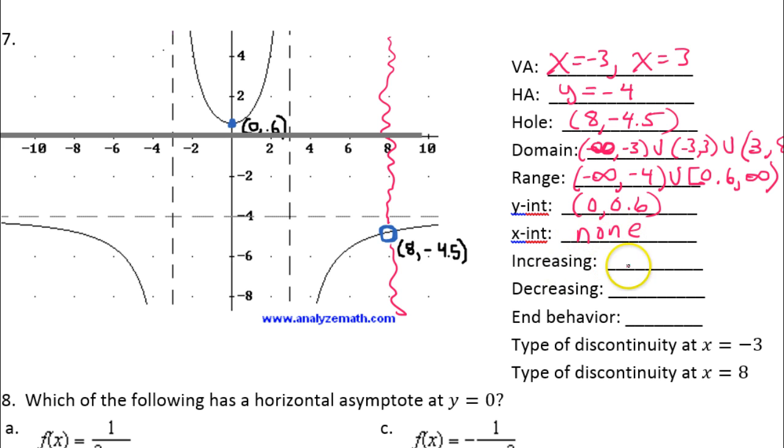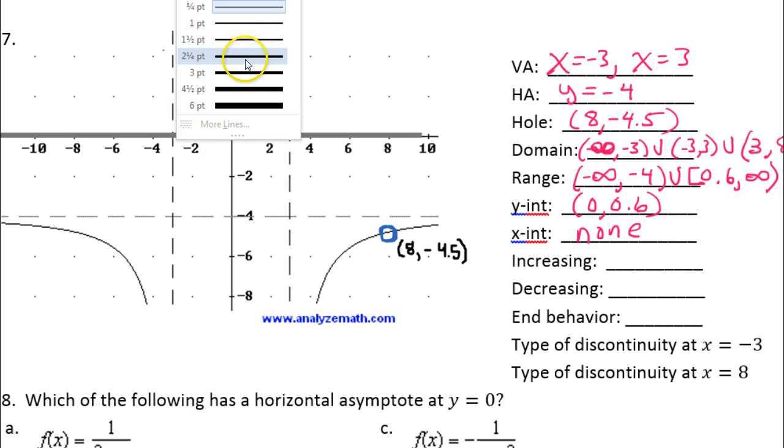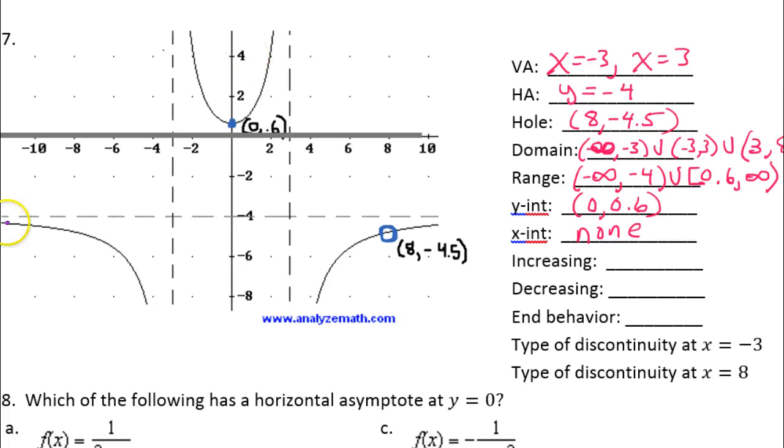Okay, now let's talk about increasing and decreasing intervals. From left to right, going across the page. Sometimes we're going downhill and sometimes we're going uphill. Anything that's going downhill from left to right is decreasing. Uphill is increasing, of course. So from left to right, this part of the graph is decreasing.